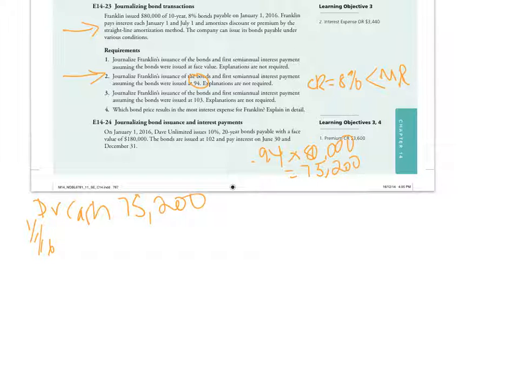We're still going to be crediting the bonds payable account for the full face of $80,000. So obviously, the investor only loans us $75,200, yet we're still going to owe the investors the full amount. So what is that difference? Well, the difference obviously is the 6% here.